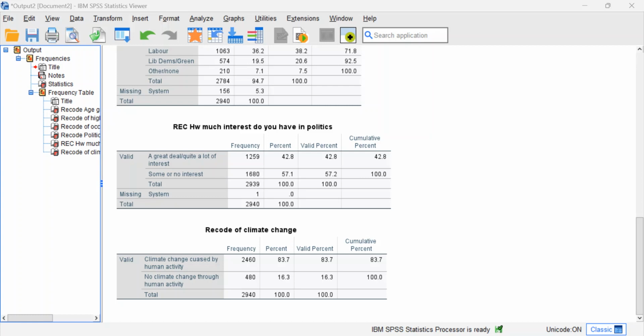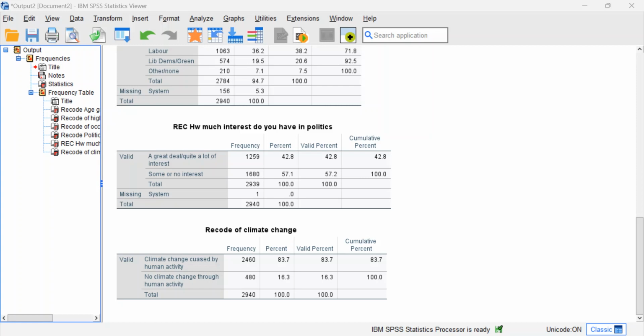And you might think, well, is there going to be an overlap between qualification and interest in politics? And it could be that what we're really measuring when we look at how much interest you have in politics and how that impacts on climate change, it might not be anything to do with politics. It might actually really just reflect someone's level of education.